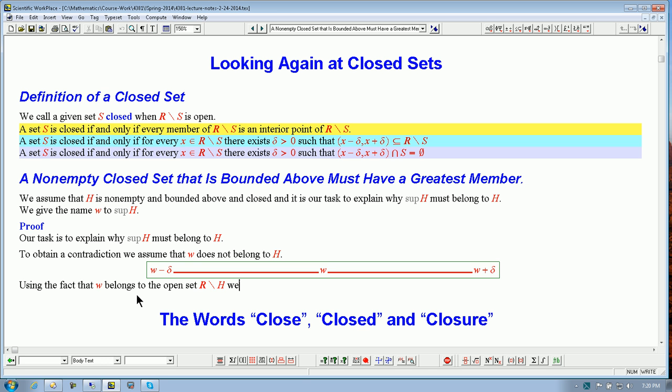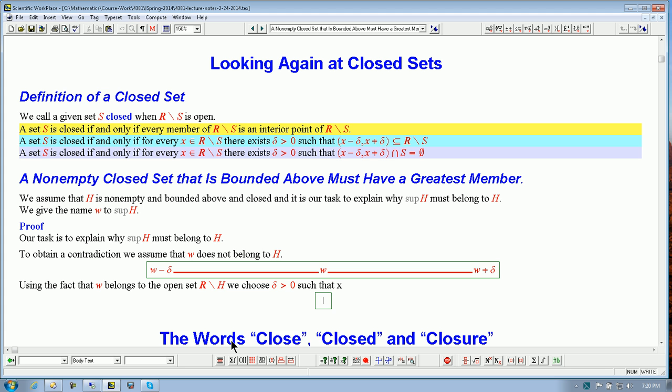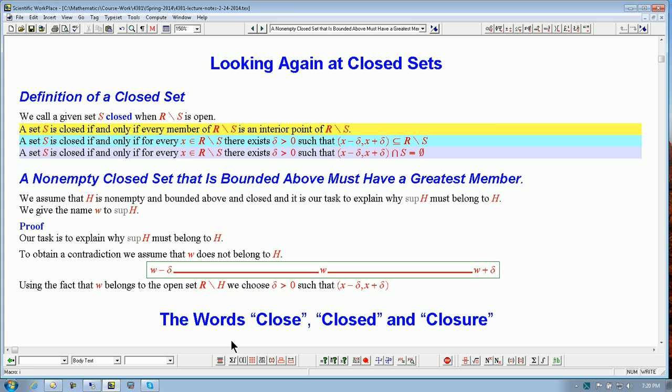When a number belongs to an open set, what is it that we know? What does open mean? Every member of the set is an interior point of that set, so therefore there exists, well, I've said choose. Choose delta greater than 0 such that this stick is included in the complement of H.